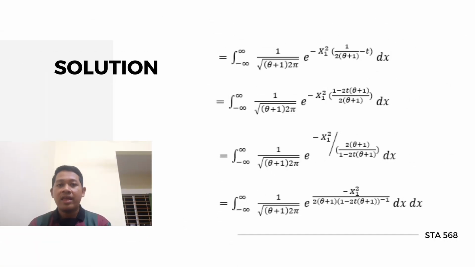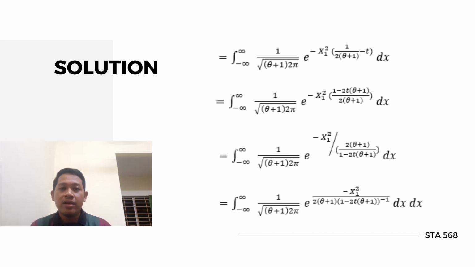After that, take out the variable x1 squared to get negative x1 squared times 1 over 2 times theta plus 1 minus t, and simplify to get the same denominator, which is 2 times theta plus 1. The answer after simplifying would be 1 minus 2t times theta plus 1, over 2 times theta plus 1.